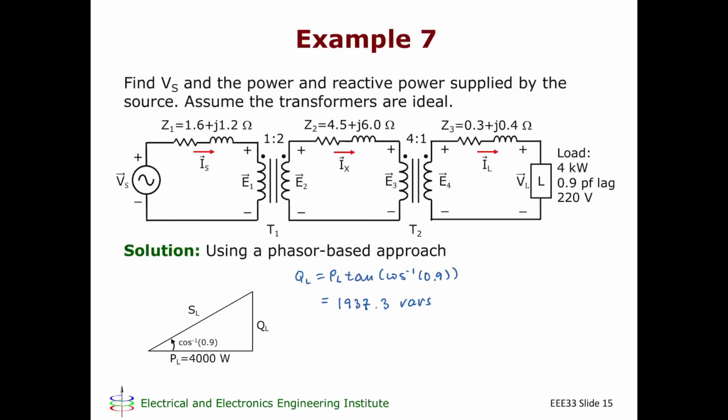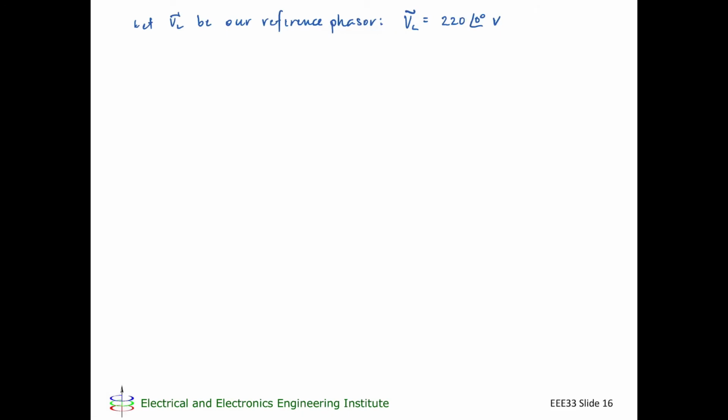From my complex power formula, taking a look at the load, the complex power at the load would be equal to my phasor voltage multiplied by the conjugate of my phasor load current. And I know this to be equal to P sub L plus j Q sub L.